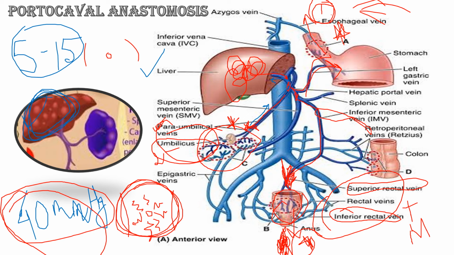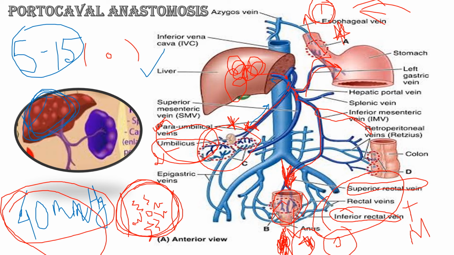There also the patient will have hemorrhoids which will be bleeding violently. Point number 4 is the bare area of the liver, which is not typically shown in this diagram, but there also the hepatic venules anastomose with the phrenic and the intercostal veins.